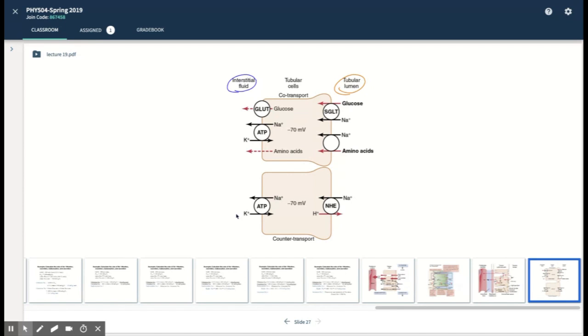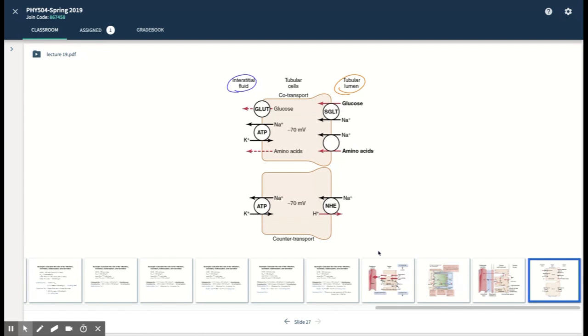Here, we're coupling sodium with the movement of nutrients in the proximal tubule. If any of your filtered amino acids or glucose makes it past the proximal tubule without getting reabsorbed, it shows up in the urine.